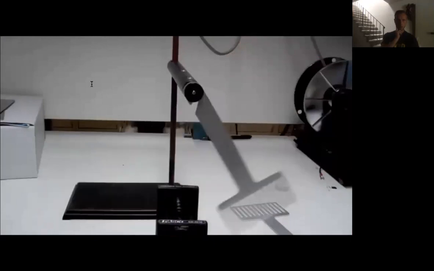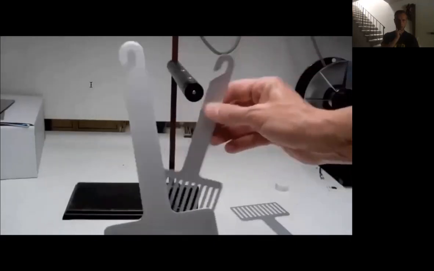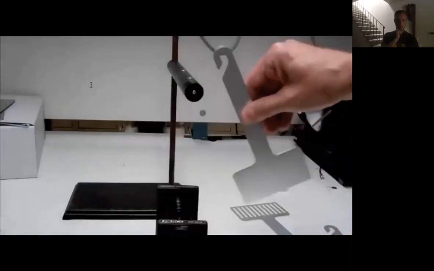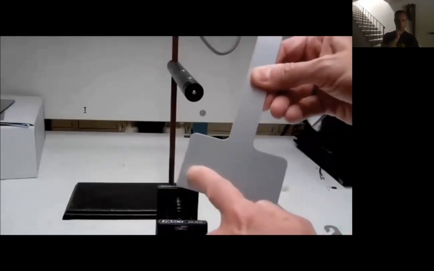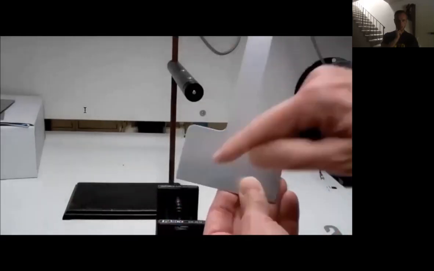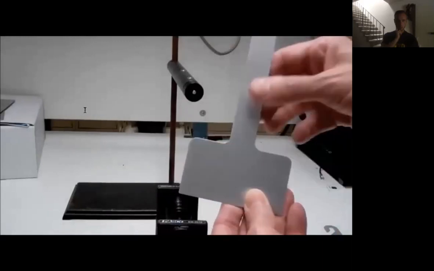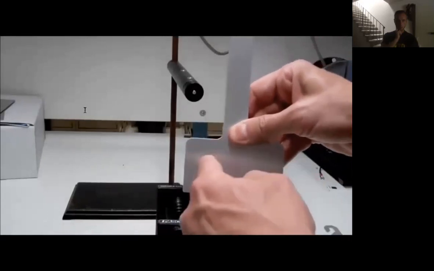swings freely. What is happening is that as this one is swinging into the field, you have a changing magnetic field in this region. That sets up a resulting current such that the magnetic field generated by the current opposes the increase in magnetic field.